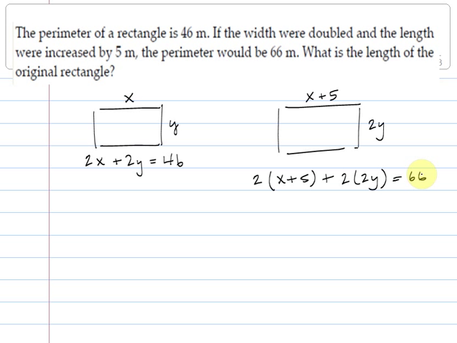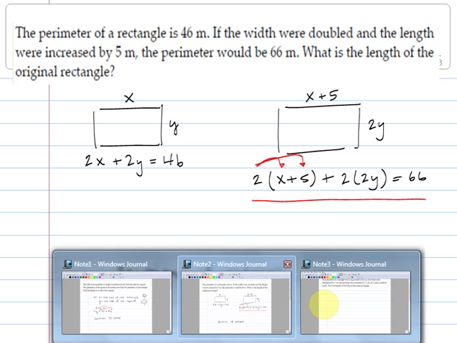I would recommend solving this using elimination, but before you do that, I would recommend that you neaten up this second equation a bit by distributing the 2 and then combining the 2 times 2y to be 4y. That'll put your equation in standard form, and this system of equations solves very nicely using elimination. And just so you know, the solution to this problem is 18 meters.